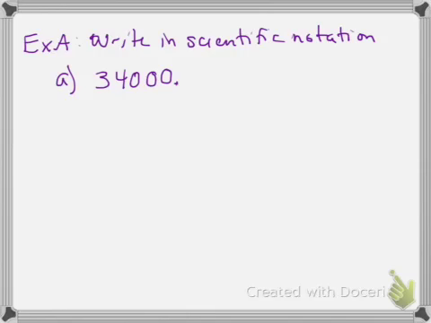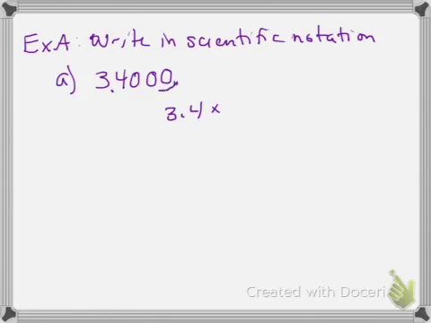So, we need to move it to get a number between 1 and 10. So, if I move it in between the 3 and 4 here, that's going to give me 3.4. So I know I'm going to have 3.4 times 10 to the something. So to find out how many 10 spots we moved, we're going to just go from one decimal point to the other.